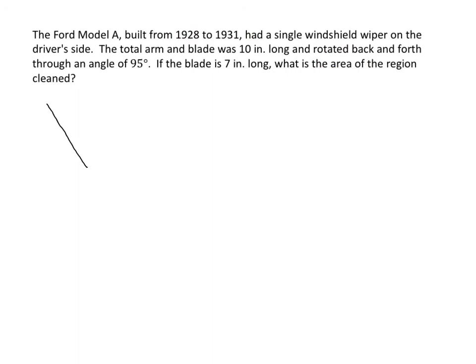Okay, I've got a 10-inch arm that's going to rotate through 95 degrees, and it's going to clean an arc here, so that's my 95 degrees. The problem is only 7 inches of it actually gets cleaned.